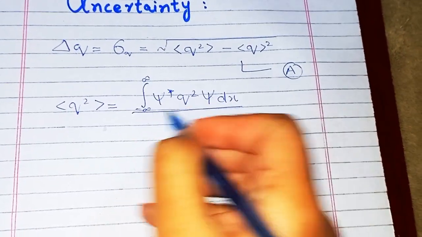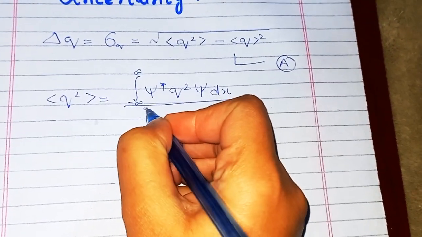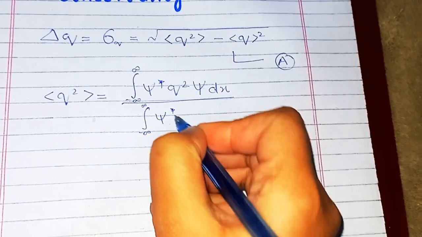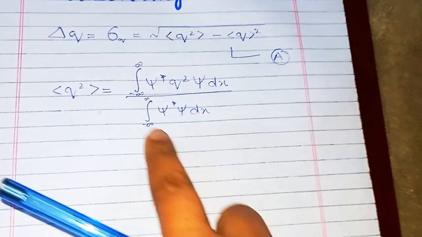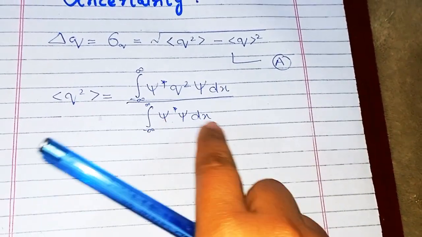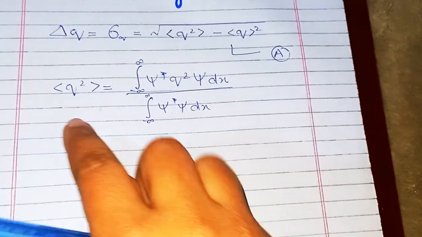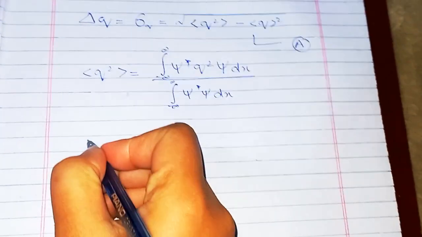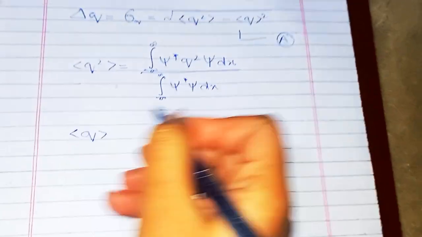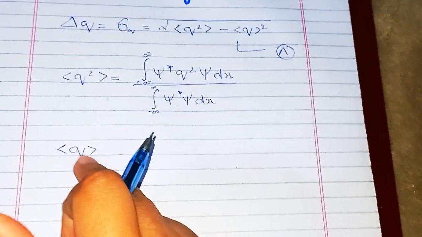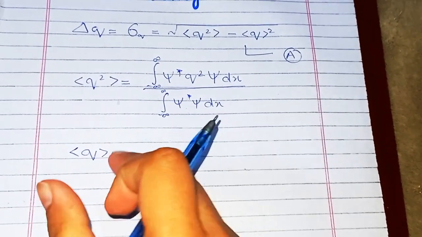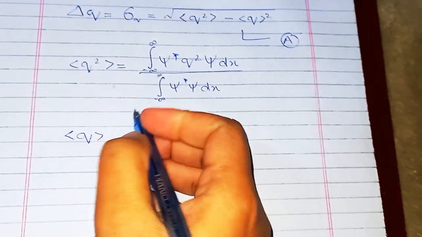It's totally sensitive to the case you have. Divide by the integral of psi star psi dx, because that's always there until and unless the wave function is normalized. I'm writing the general cases now. Next we have the ensemble average of q, and after we calculate it, we can take the square of it.